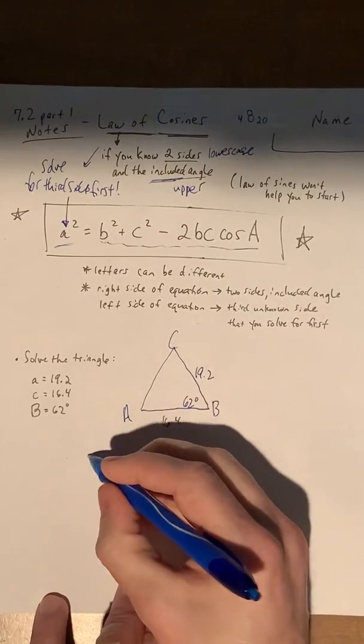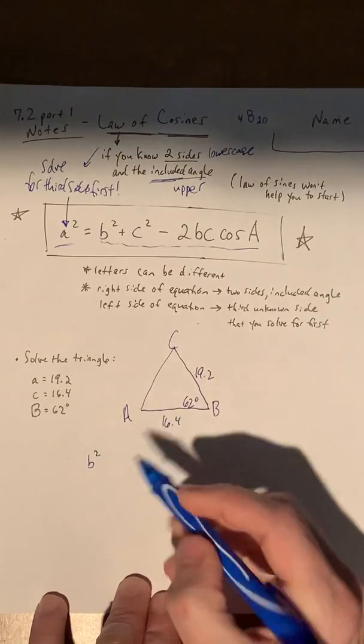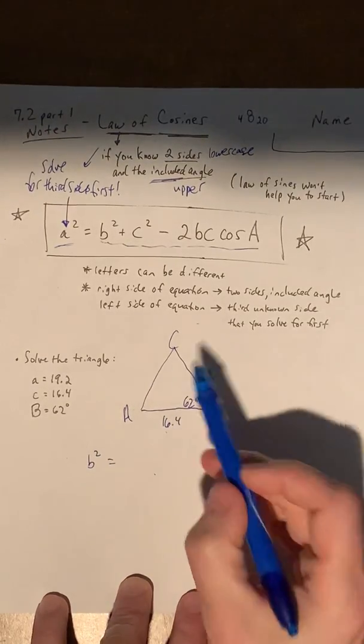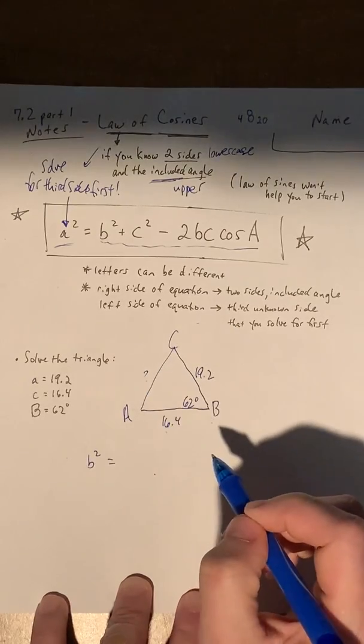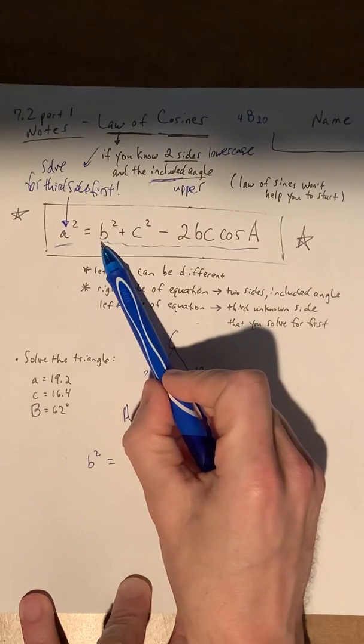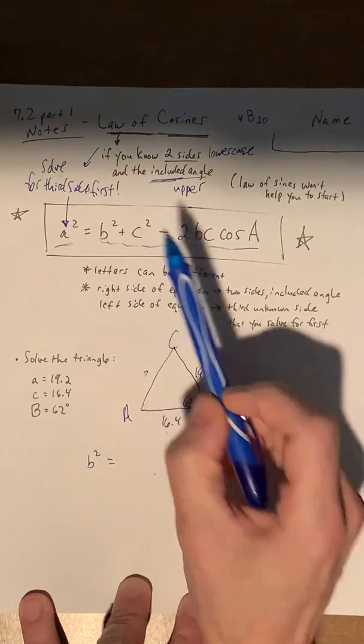Okay, so we're really going for B here. It really doesn't matter what letter you call it. You're solving for this third side first. So we have one side squared plus the other side squared.